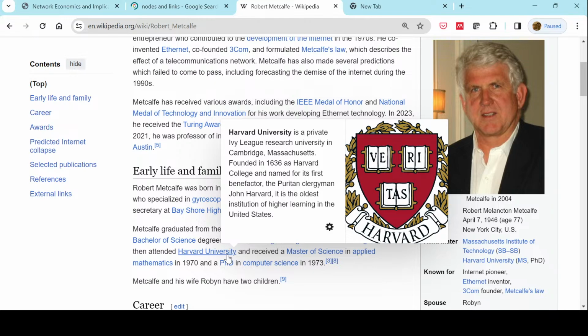So what is it? This Metcalfe law, and network effects. You see, right away you're going to see network effects.